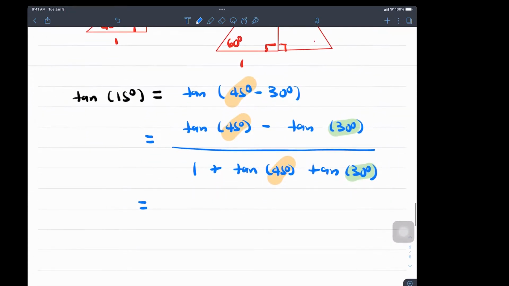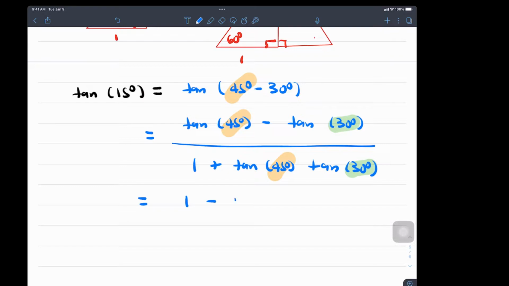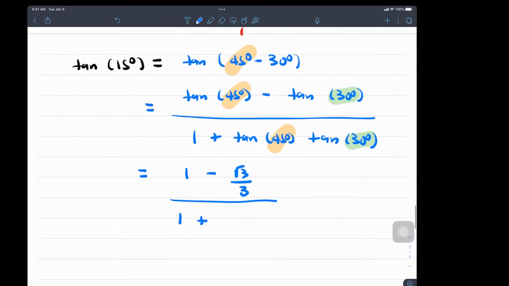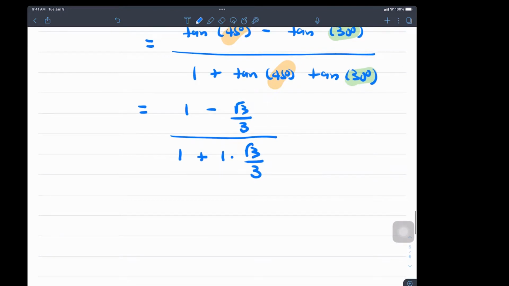Do you guys know what tangent 45 is? 1. What's tangent 30? Is it 1 over the square root of 3, which will be square root of 3 over 3? Yes. Divided by 1 plus tangent 45 again is 1, times tangent 30, which is square root of 3 over 3, ladies and gentlemen. Okay? So 1 times anything is itself.